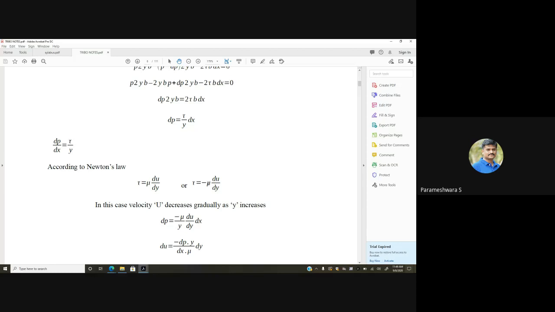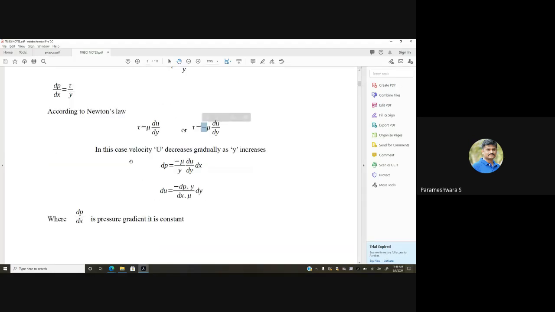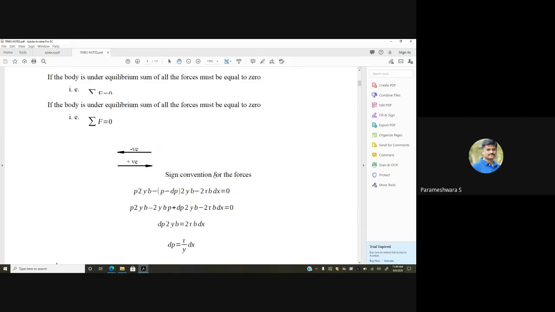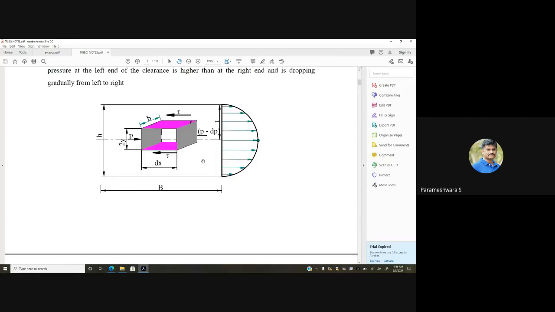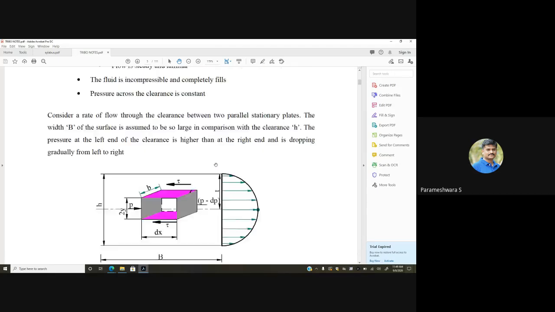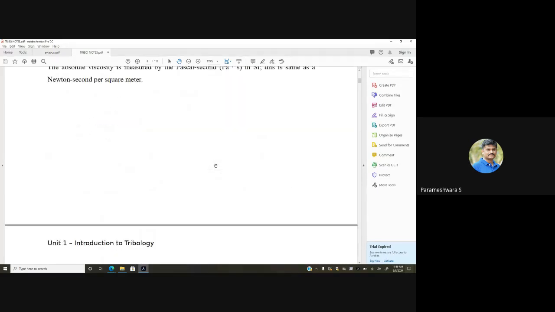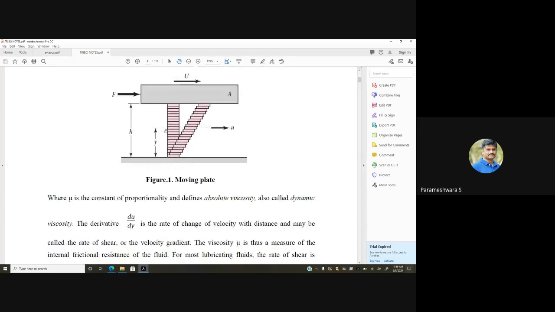This negative sign indicates that, in this case, the velocity u decreases gradually as y increases. Look at this: as y increases, the velocity u decreases.